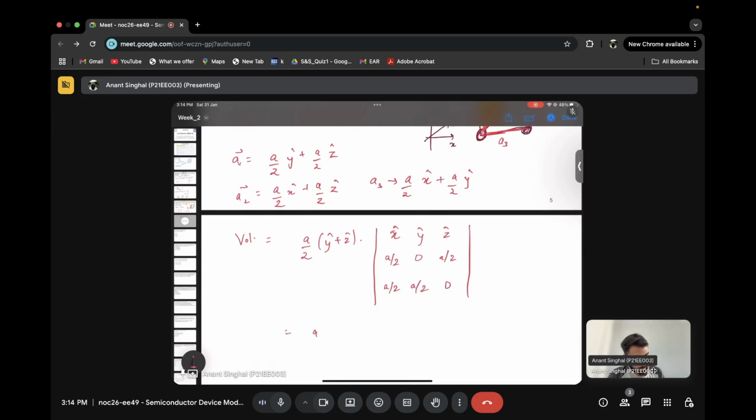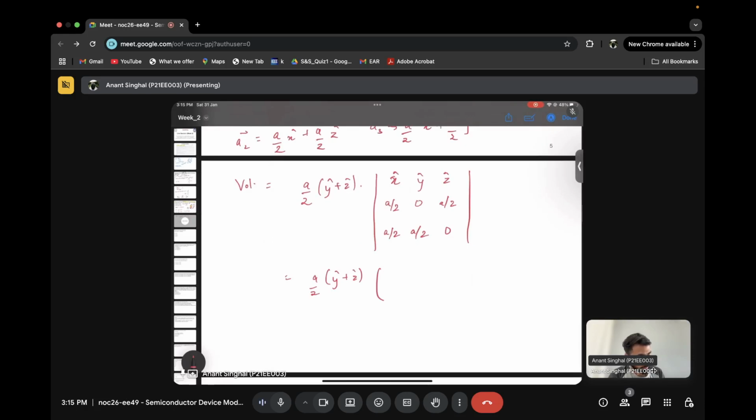We already know how to calculate this. This is just basic mathematics. For x cap we have minus a square by 4. Then we have minus y cap, which is again minus a square by 4. Then we have z cap, which is a square by 4, positive.